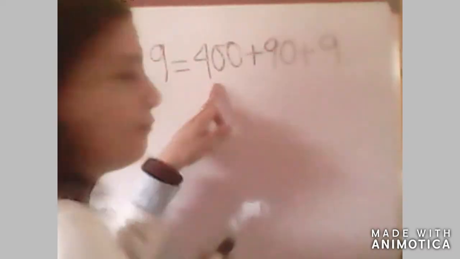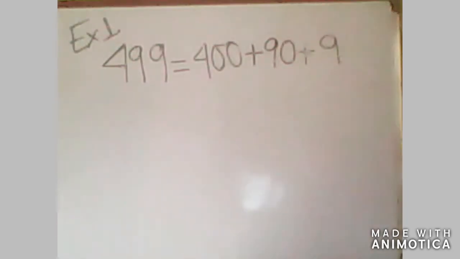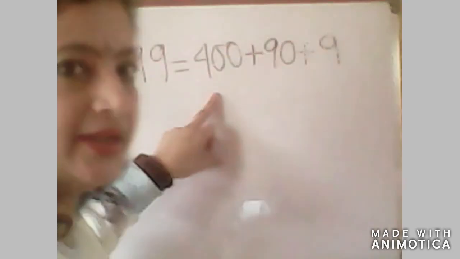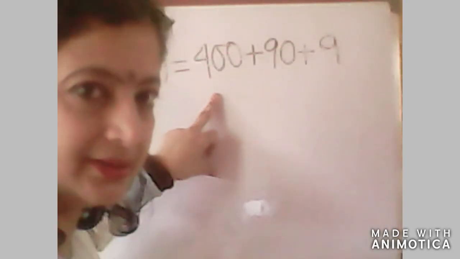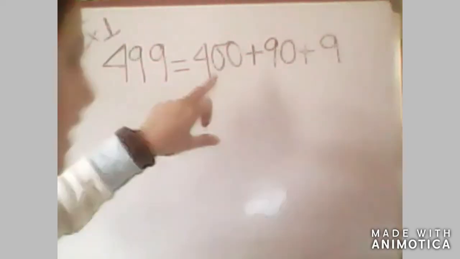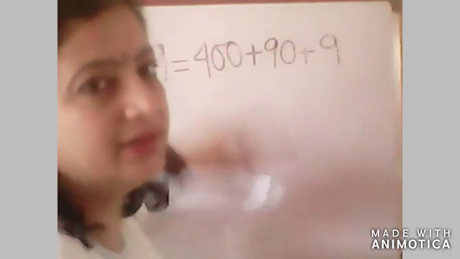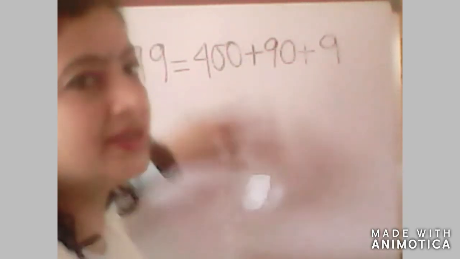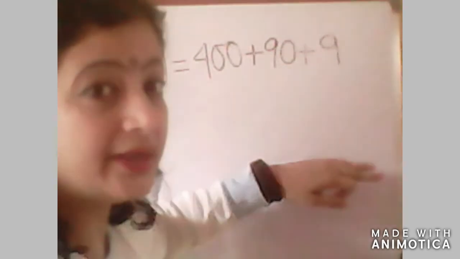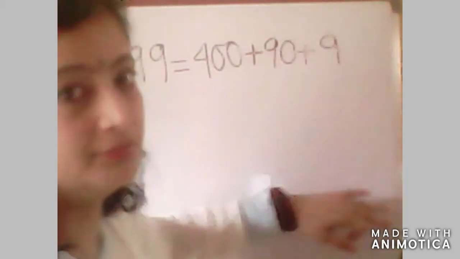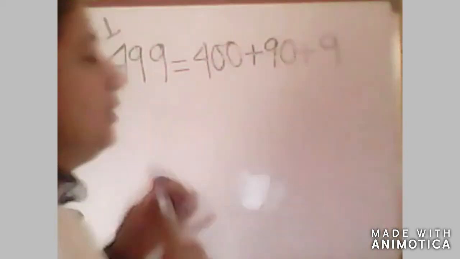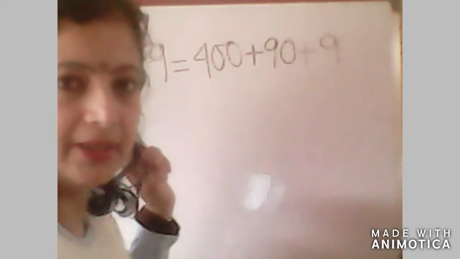Now the question is 400. 400 means 100 plus 100 plus 100 plus 100. But we know that we can't repeat more than 3 times. That means if we write C plus C plus C, we can write up to 3 times, not more than 3 times. So that is not applicable here.